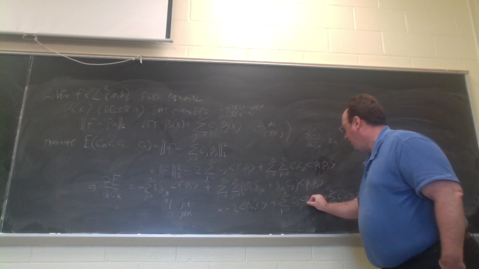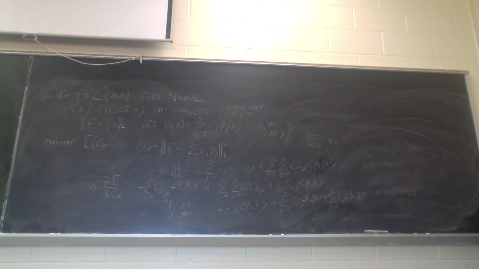There's no mingling of i's and j's. So now the two sums look almost the same. Except what? Yes, and why is that not a problem? Because of the commutative rule.